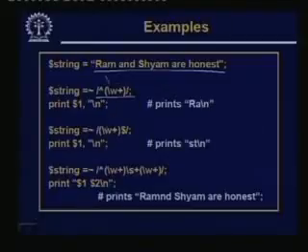Now, the first or the smallest substring where this match will occur is R and A here. Since it is in brackets, this R and A will be remembered, and if later on we print, outside the regular expression, if I give $1, then that match value will be printed.